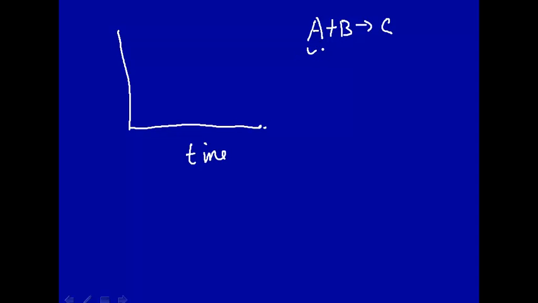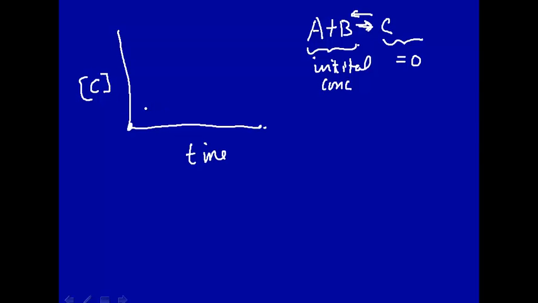And let's start with some concentrations here. And say initially this is equal to 0. And actually let's make this an equilibrium reaction, so it goes both backwards and forwards. Initially this is the concentration of C as a function of time.